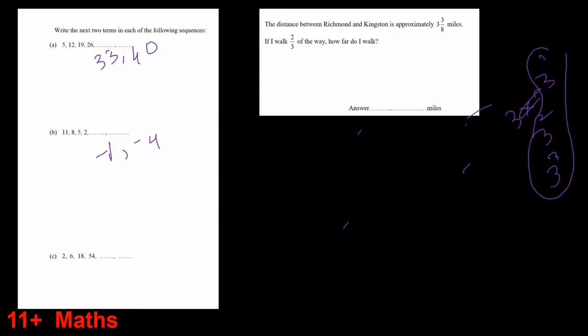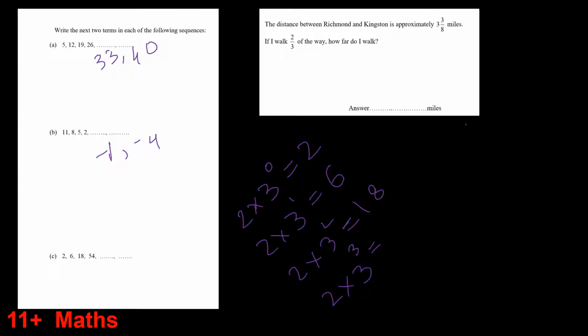The first number is 2 times 3 to the power 0, which is 2. 2 times 3 to the power 1 is 6. 2 times 3 to the power 2 is 18, because 3 times 3 is 9, times 2 is 18. 2 times 3 to the power 3 is 3 times 3 is 9, times 3 is 27, times 2 is 54.